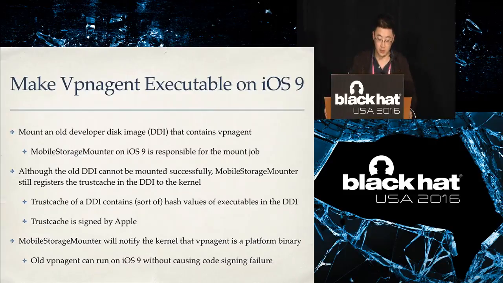What mobile storage mounter did is it loaded the trust cache first and then applied the version check. So even if the old version DDI cannot be mounted successfully, mobile storage mounter already registered the trust cache into the kernel. So the old VPN agent is executable now. If you run it, it won't trigger any code signature problem.